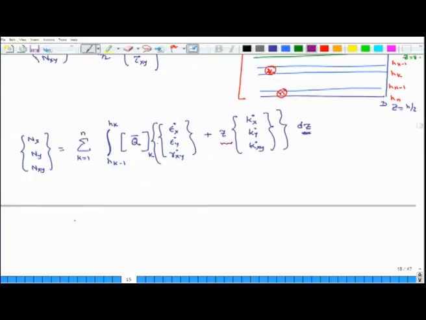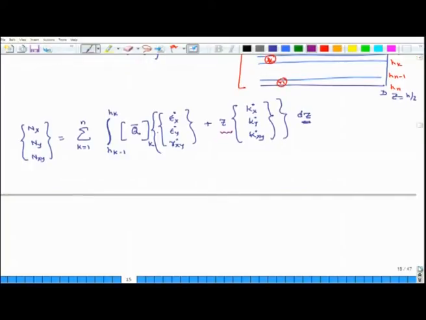So, when I integrate this, what I get is, this is equal to the sum over k equal to 1 to n, of Q bar times (h_k minus h_k minus 1) times epsilon naught bar.